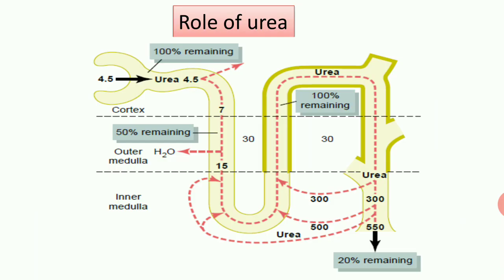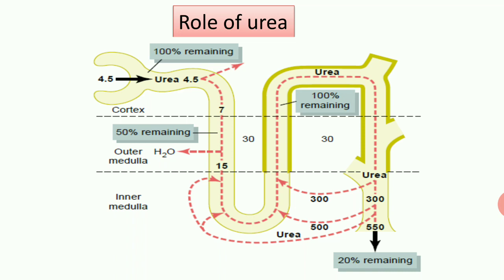Now coming to the role of urea. Some studies show that a person who takes more proteins has more ability to concentrate urine. We can see this by the role of urea.